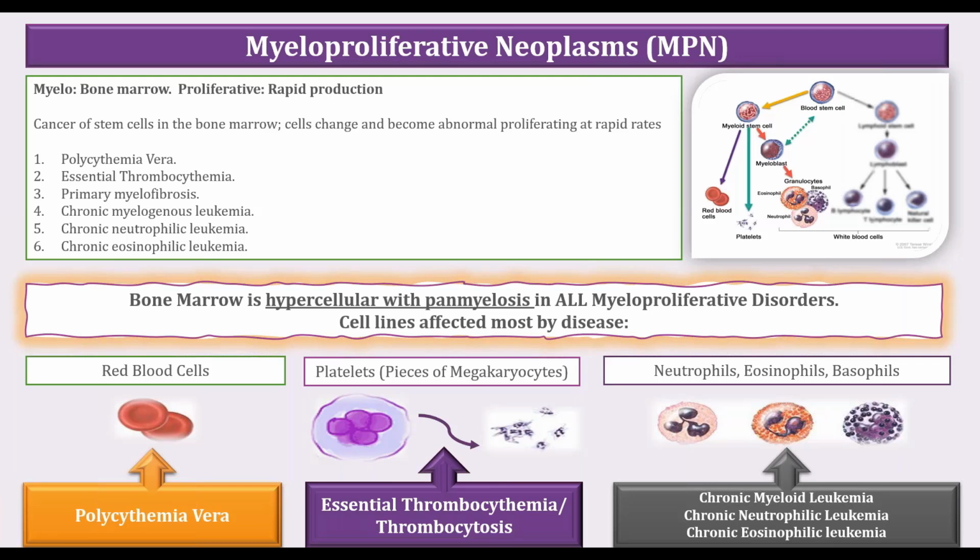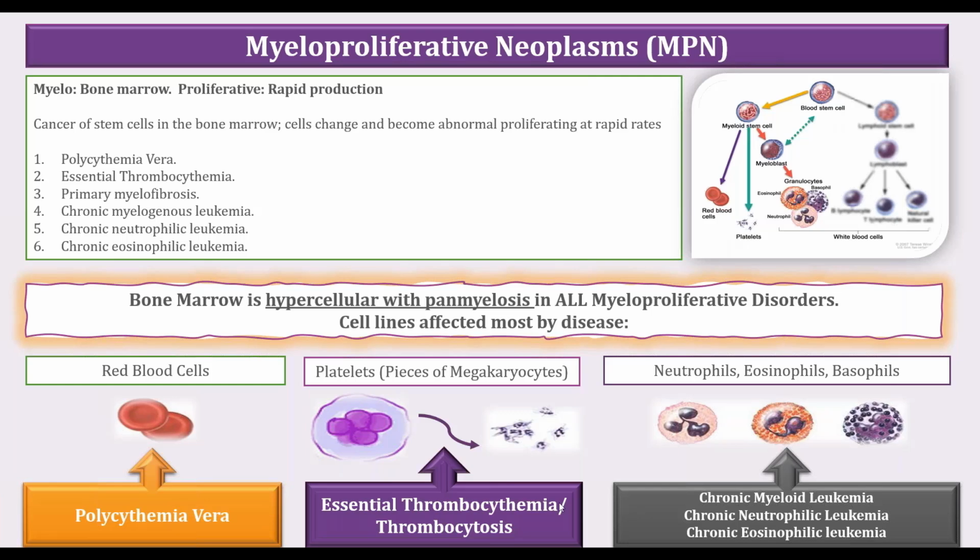Polycythemia vera, essential thrombocythemia, primary myelofibrosis, chronic myelogenous leukemia, chronic neutrophilic leukemia, and chronic eosinophilic leukemia. These neoplasms come from the myeloid lineage, and you can see I blurred out the lymphoid lineage to the right just for right now. We're going to focus over here on the myeloid lineage.